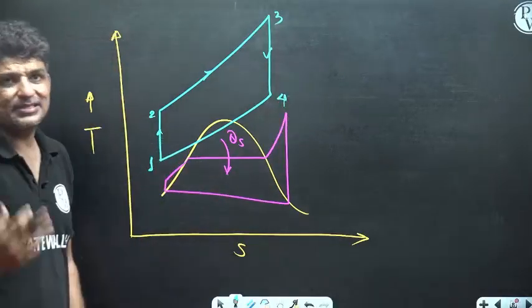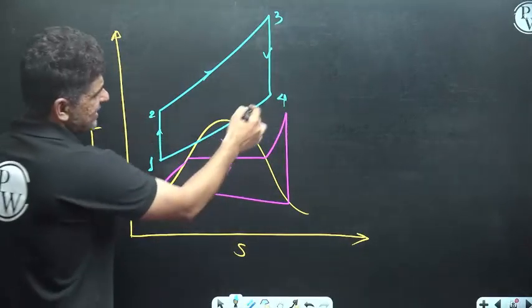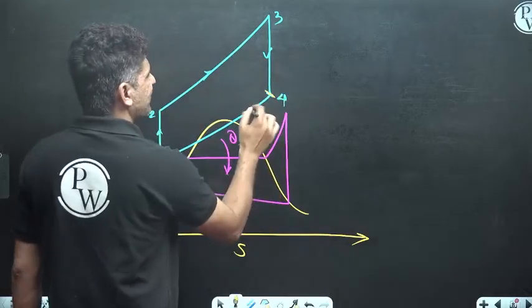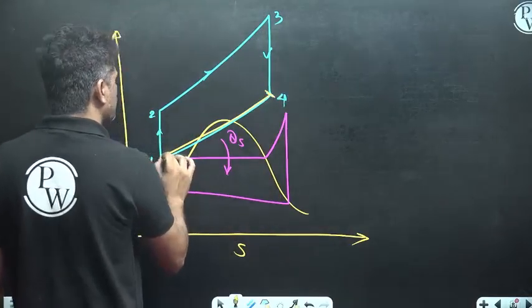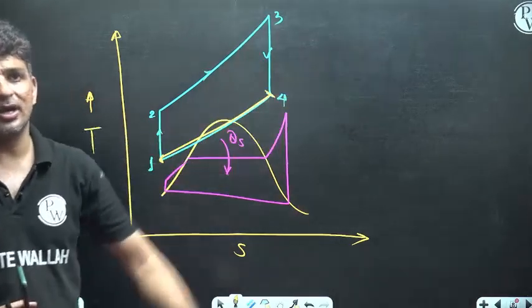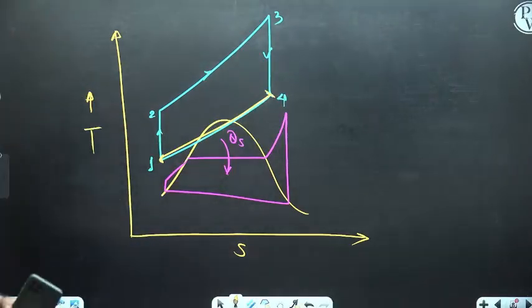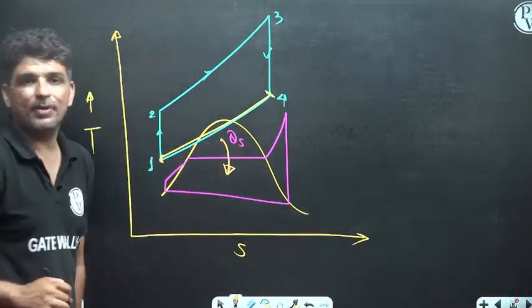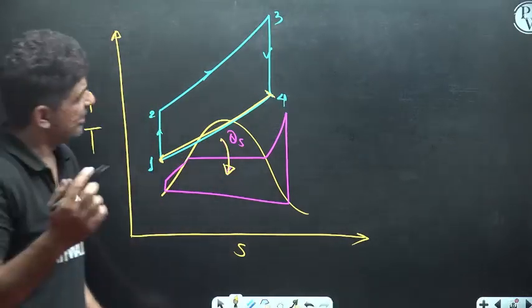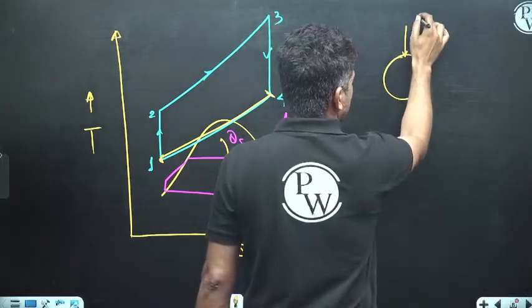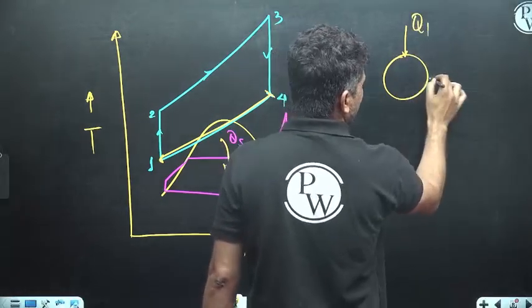So what happens in combined cycle is whatever is the energy that you are rejecting to the atmosphere, whatever is this energy that you are supposed to dump to the atmosphere, that energy would be actually supplied to your steam power plant. Okay, so you can simply write it like this, that there is a Q1 that is coming over here.